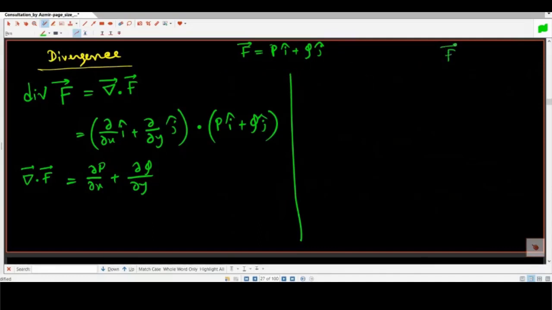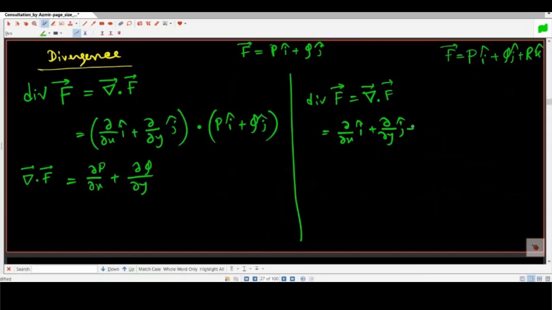Similarly, if we have a vector field of three input variables, pi plus qj plus rk, then divergence of f will be divergence del dot f. So this is equal to ddx i, ddy j, ddz k.